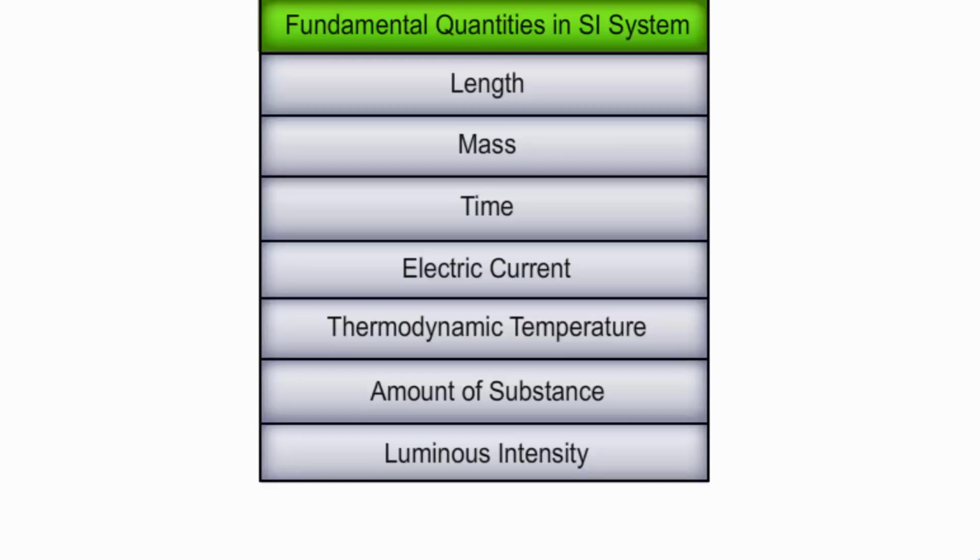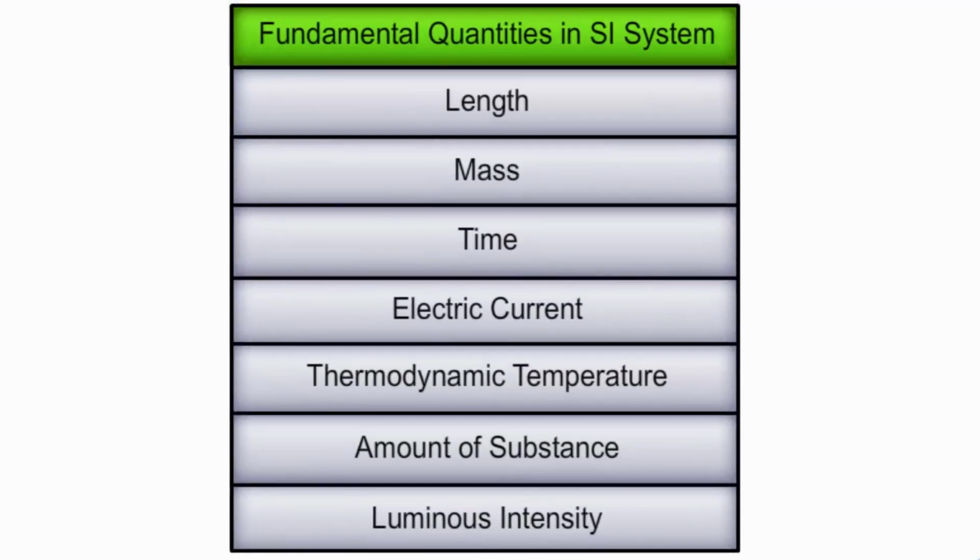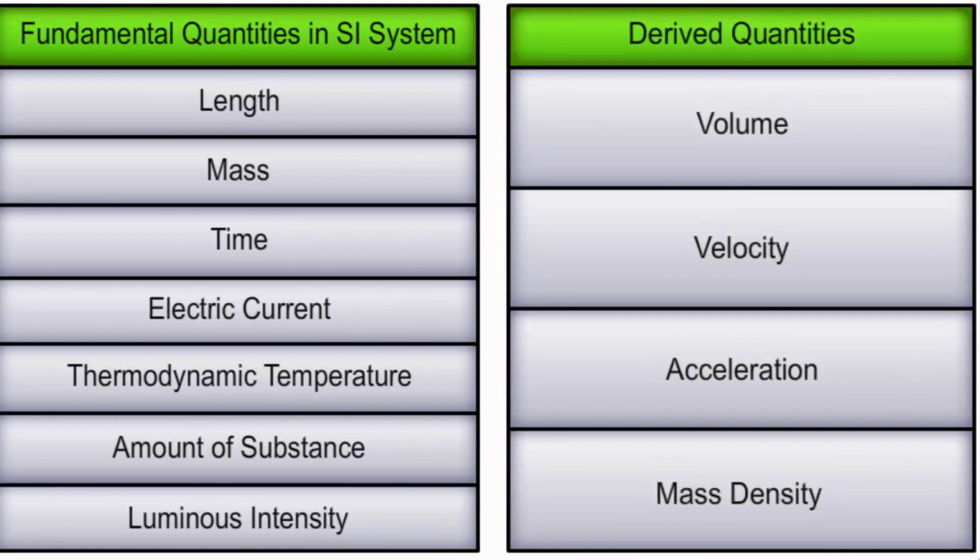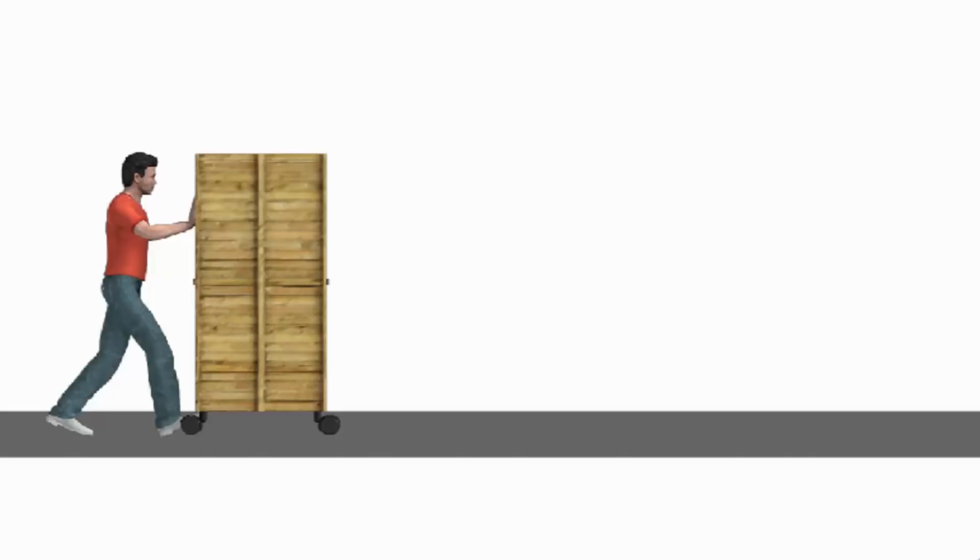Thus, we have relationships between fundamental quantities and derived quantities. Therefore, when a derived quantity is expressed in terms of base quantities, the resultant expression is the product of different powers of the base quantities. For example, consider the quantity force.